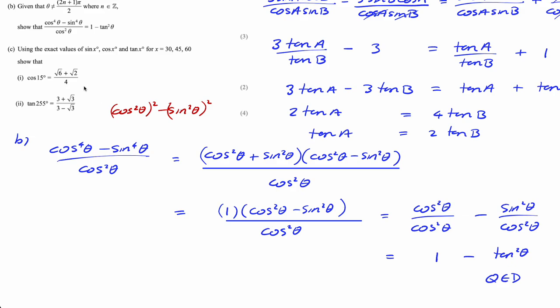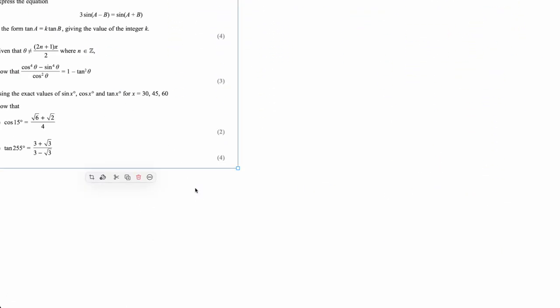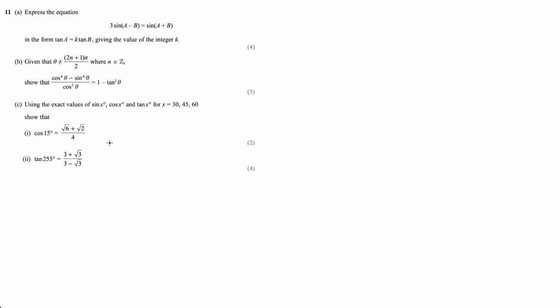Part C. Use the exact values of sine, cos, and tan for 30, 45, and 60. Show this. Okay, guys, let's just bring this whole thing down here. I'm assuming we're going to use some of this, or maybe not. So cos 15 degrees is equal to, let's go with cos of 45 minus 30.